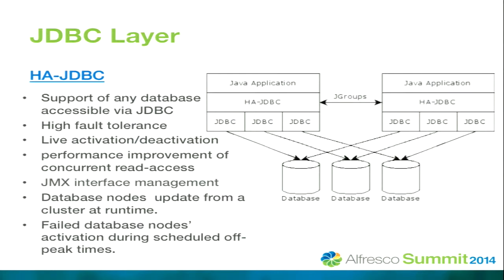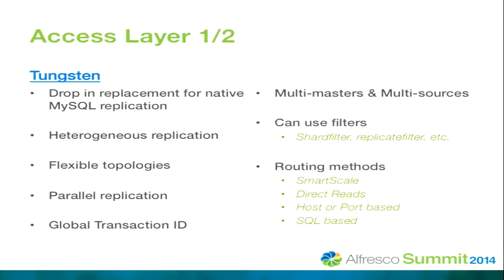It's highly tolerant to faults and network failures, and it provides a JMX interface and a lot of other features. We can also act in the access layer and add a proxy application that will manage a form of database service, like Tungsten, for example.